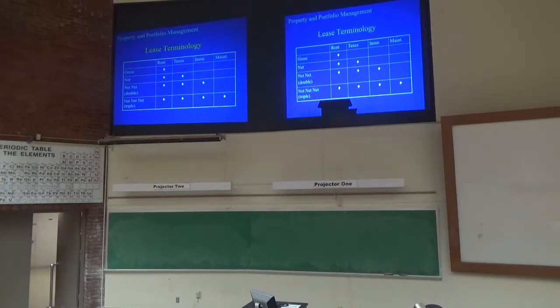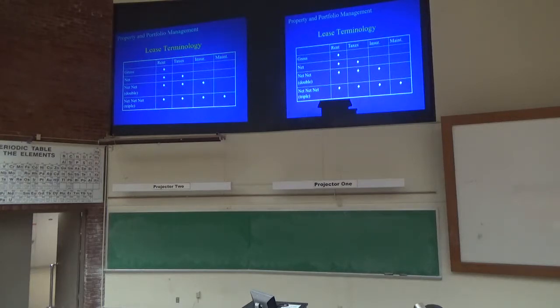There are different types of leases. There's a gross lease, where basically the tenant pays just the rent. There's a net lease where the tenant pays the rent and the taxes. The double net, the tenant pays the rent, the taxes, and the insurance. And then there's triple net leases where the tenant pays rent, taxes, insurance, and maintenance. Most retail leases are triple net leases.